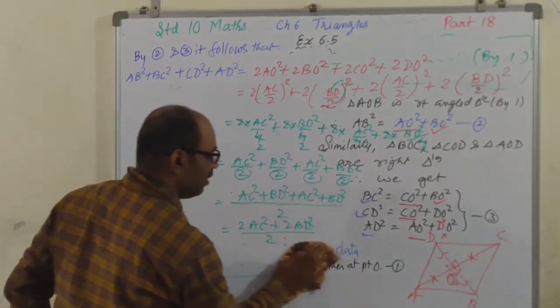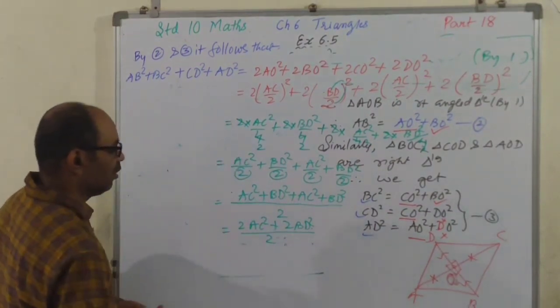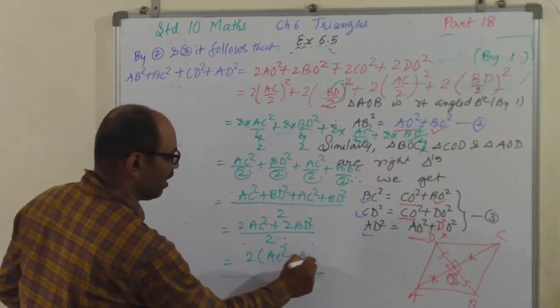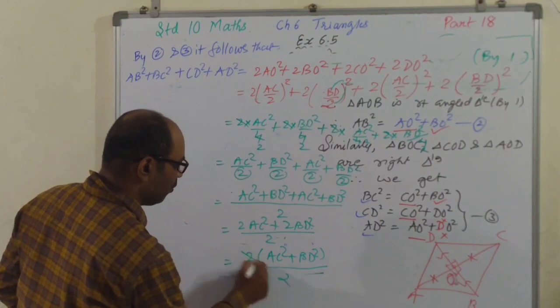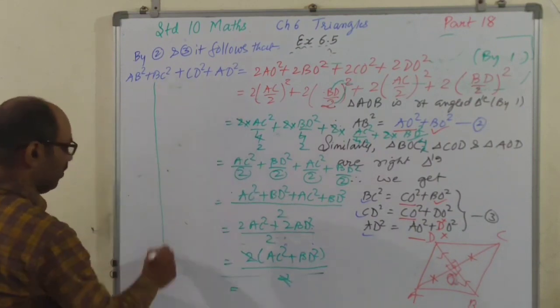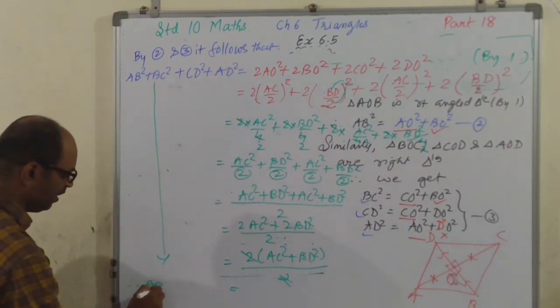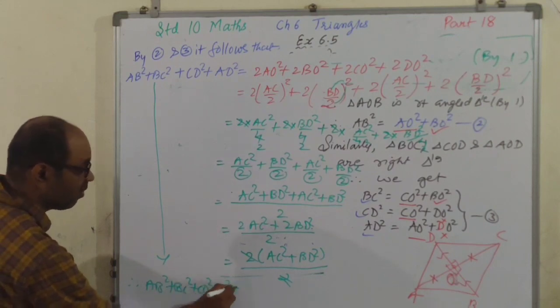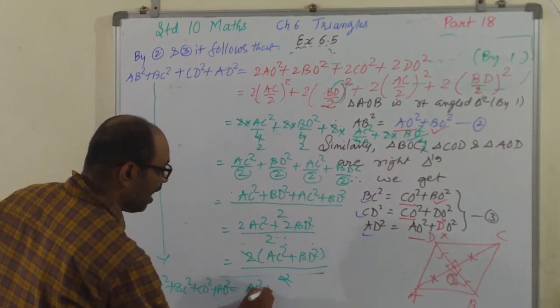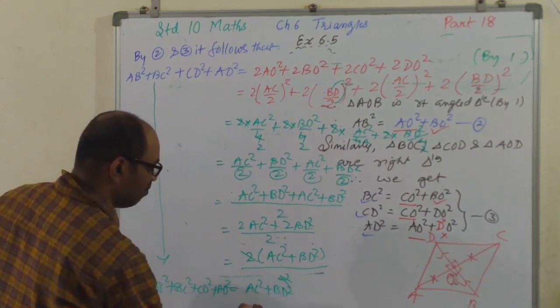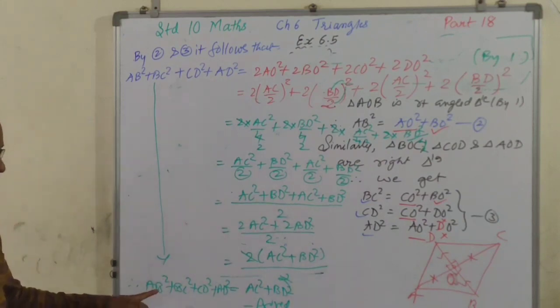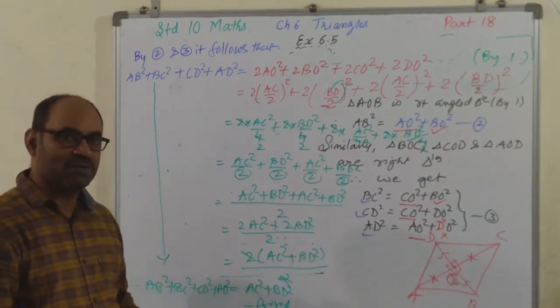So 2 is common from the numerator. 2 times AC square plus BD square, whole upon 2. 2 cancels. Therefore, AB square plus BC square plus CD square plus AD square is equal to AC square plus BD square. Proved.